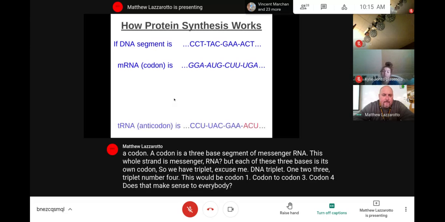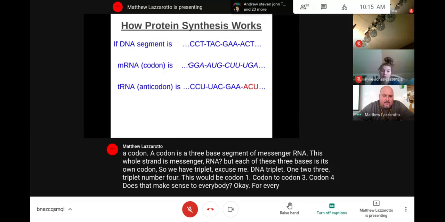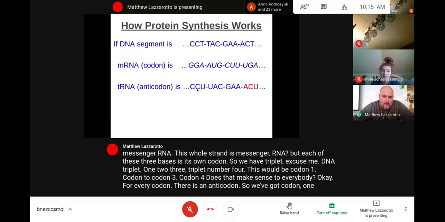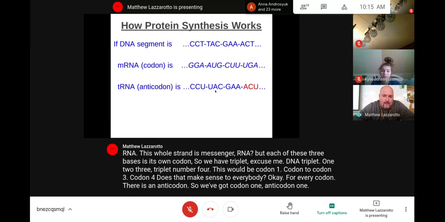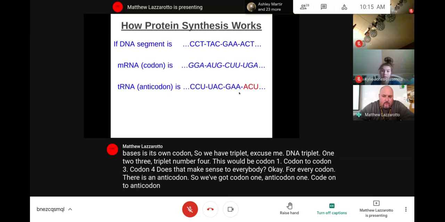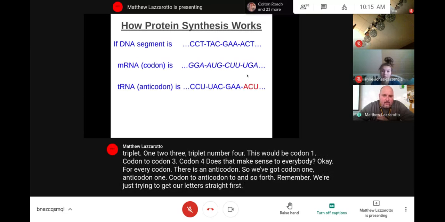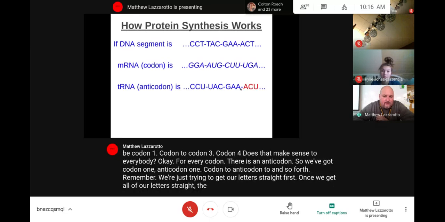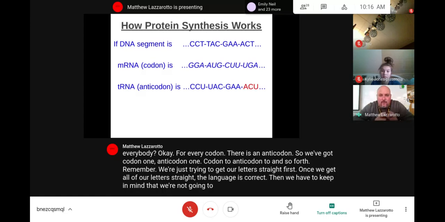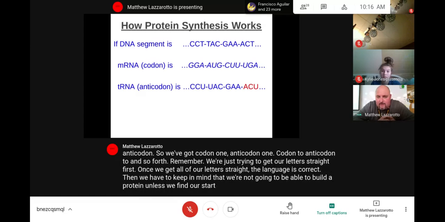Okay. For every codon, there is an anticodon. So we've got codon 1, anticodon 1, codon 2, anticodon 2, and so forth. Remember, we're just trying to get our letters straight first. Once we get all of our letters straight, the language is correct, then we have to keep in mind that we're not going to be able to build a protein unless we find our start codon.